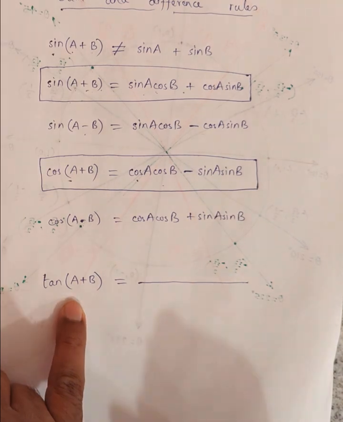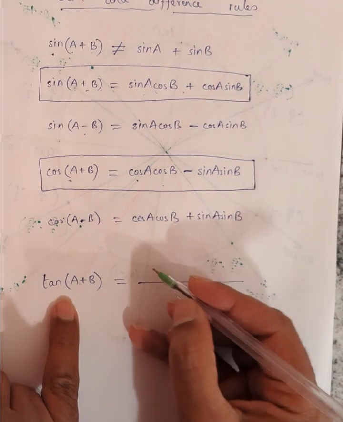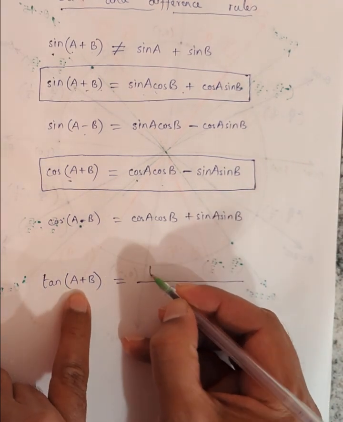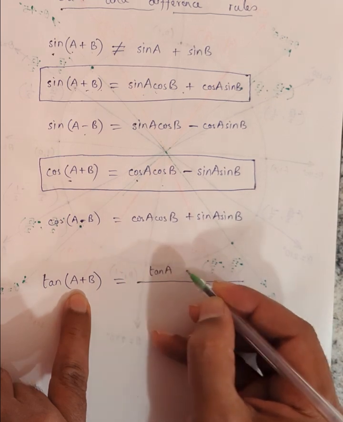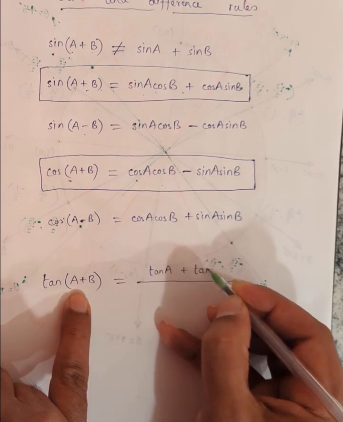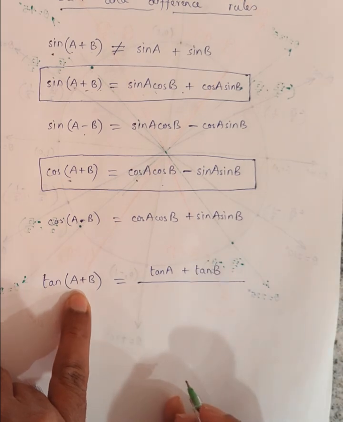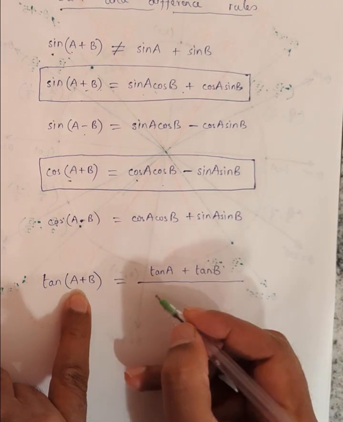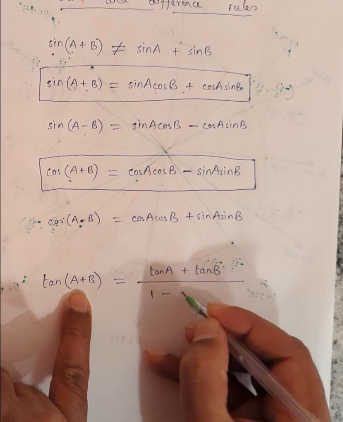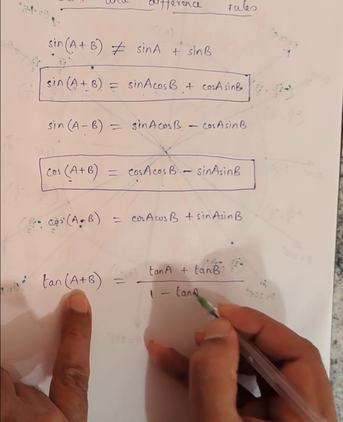And the numerator looks like you're distributing the tan. So you're going to have tan A plus tan B. That's the numerator. And in the denominator, you're going to have 1 minus tan A tan B.